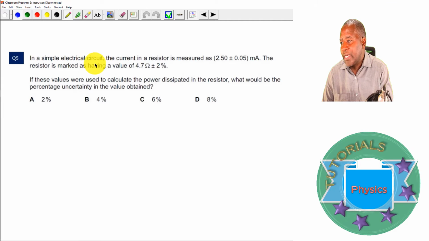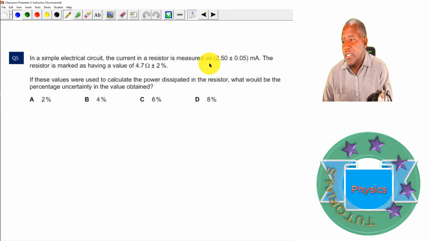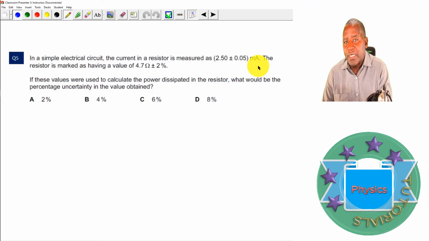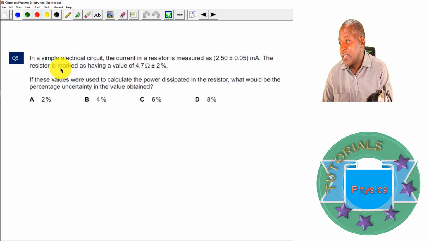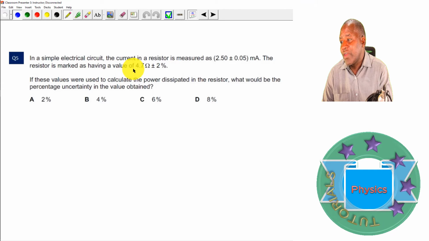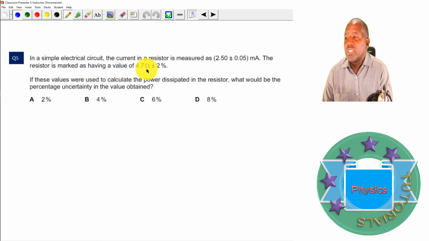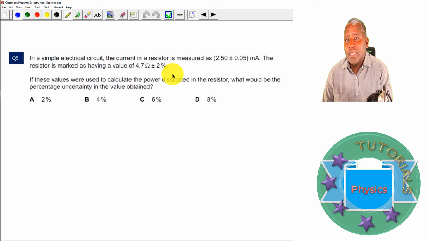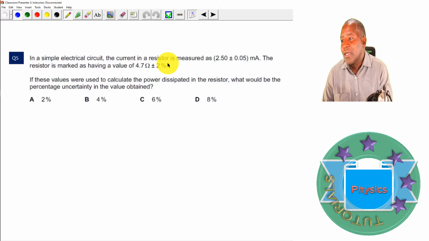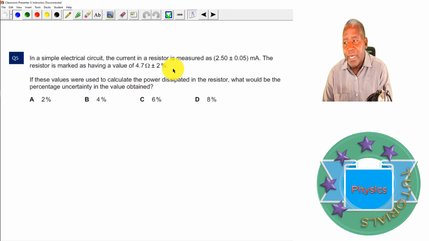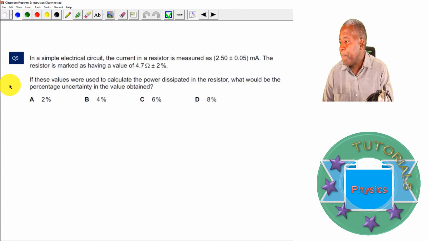In a simple electric circuit, the current in a resistor is measured to be this much, the current and its absolute uncertainty. The resistor is marked as having a value of 4.7 plus or minus 2%. So the uncertainty in the resistor is not absolute, but percentage.